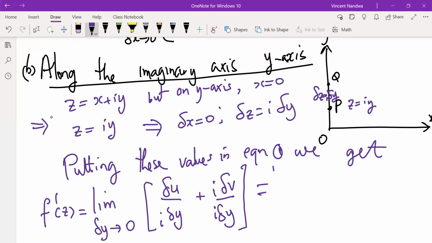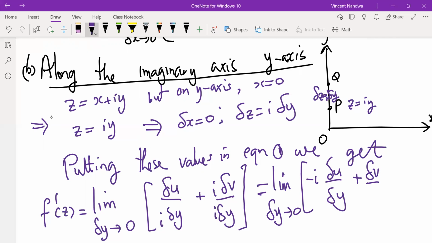So which will give us the limit as delta y approaches 0 of negative i delta u over delta y plus delta v over delta y, because now we have cancelled i and i.